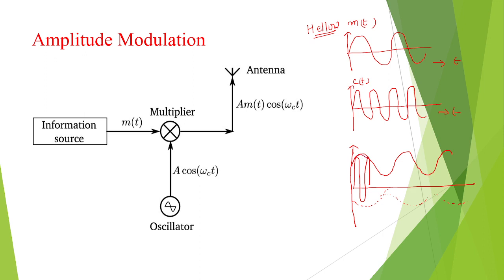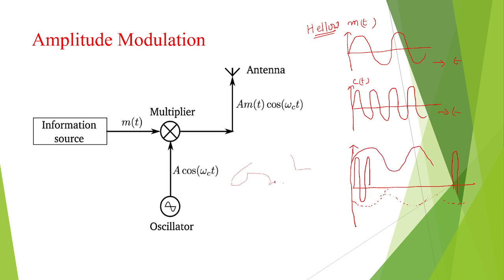Originally this is the message signal, but the carrier is varying, so that it will get the negative side also. So the carrier signal amplitude is varied according to the message signal. This is the original message signal.